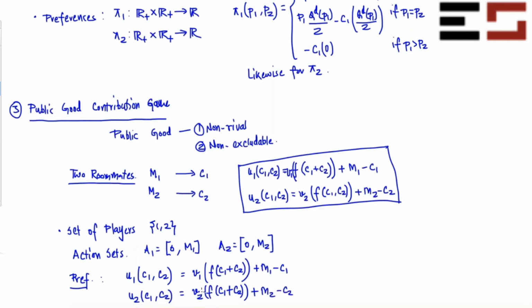Again, I'm giving you a commonly used framework, but it's possible that the payoff function might look different from this, and if that happens, then you have to use those.